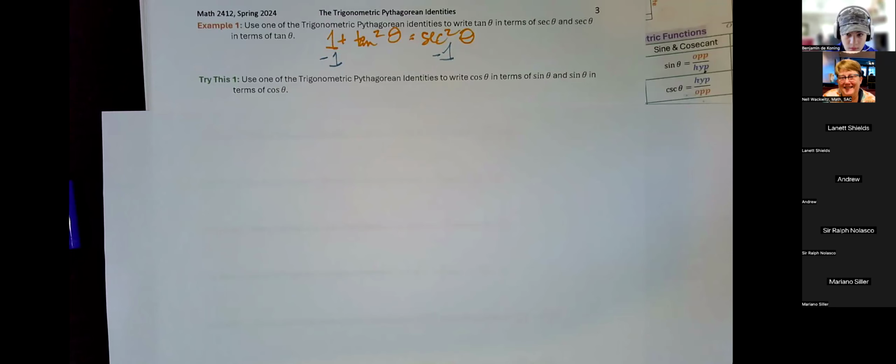And then if you want to do the same thing, just flip the cosine and sine.